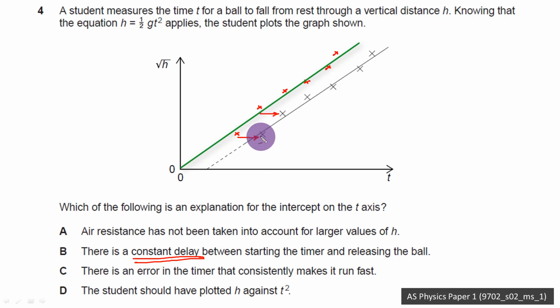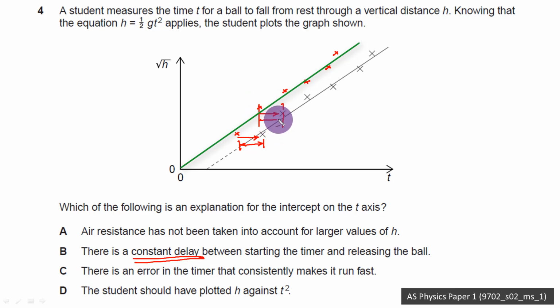Notice that the true value ought to be this one, but because of the delay in starting the timer, the actual value is this one. This is the amount of delay from this point all the way to this point. Let's check the delay for this point here. You find that it is the same.